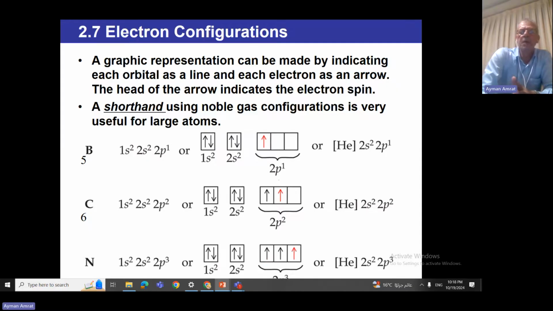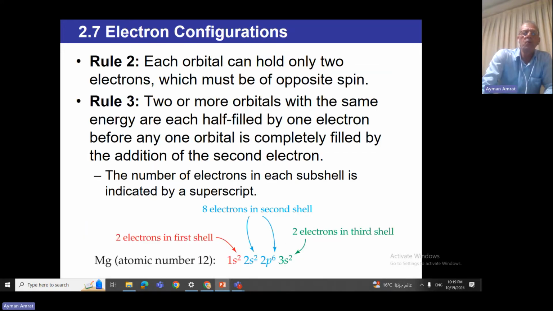For nitrogen, for example, this is the application of rule 3: if I have a subshell p with the same energy. Rule 3: if two or more orbitals have the same energy, like p, which has three orbitals with the same energy, first fill them to have them half filled before pairing.